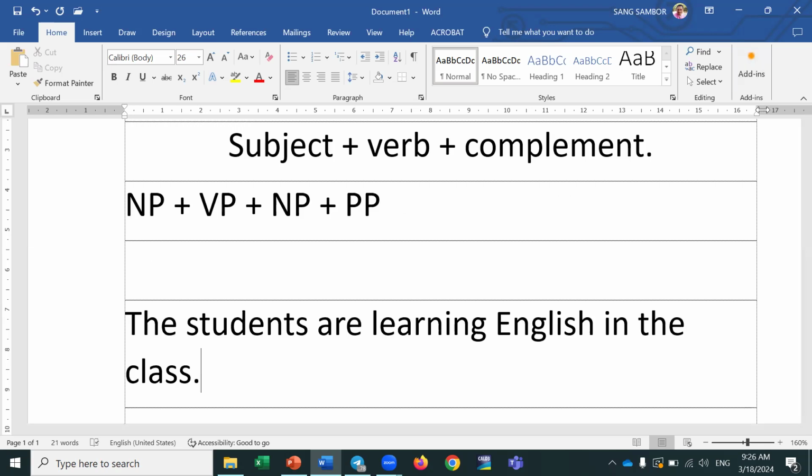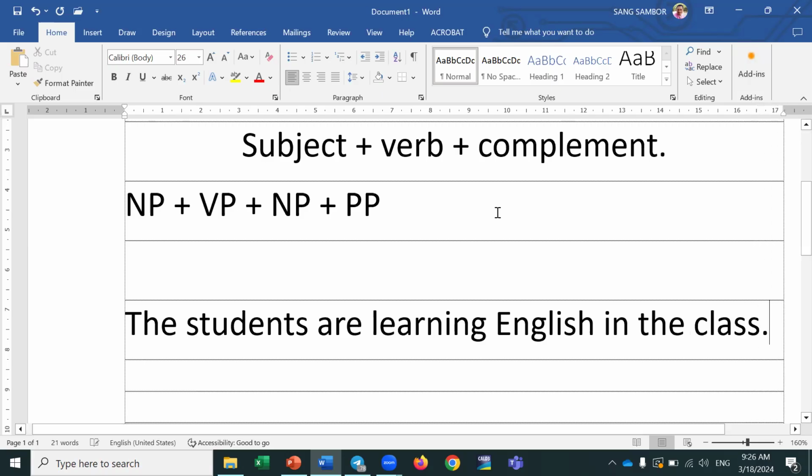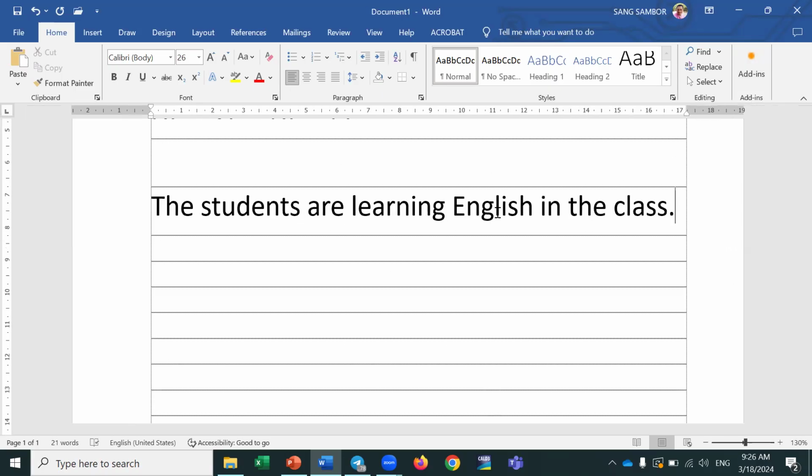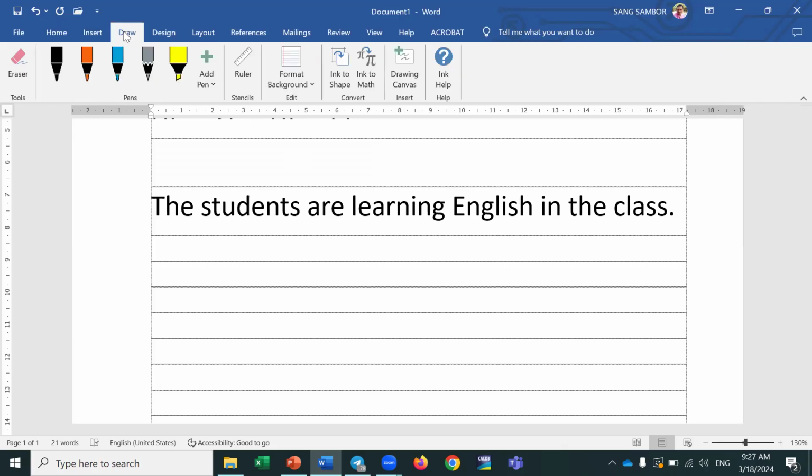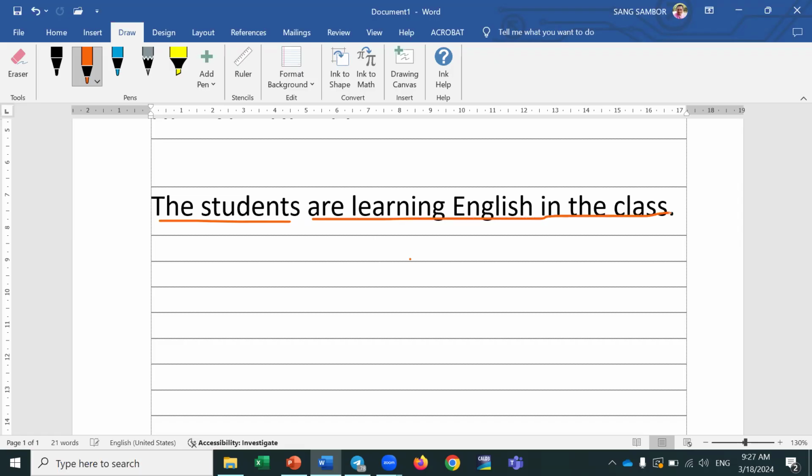Okay, you may have this syntactic drawing, that kind of syntactic structure. So you may have something like this. You may divide this into a noun phrase, and the whole thing here is a verb phrase.